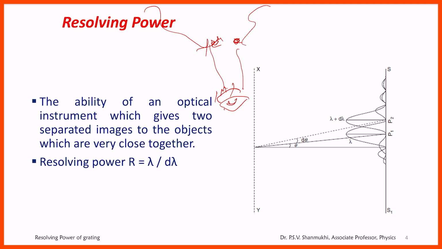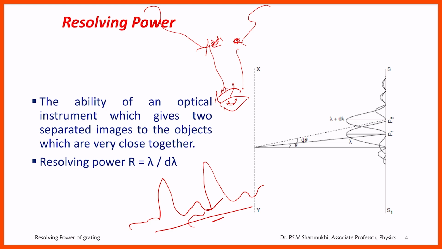Actually there is a concept: each image is a diffraction pattern. From the first object one diffraction pattern is coming like this, and from the next one also another diffraction pattern. If these two diffraction patterns are superimposed, they will produce only one pattern. That is why our eye is unable to resolve the two objects.